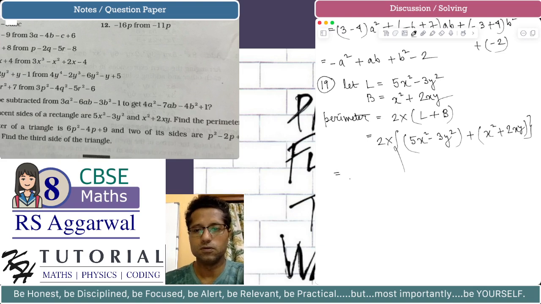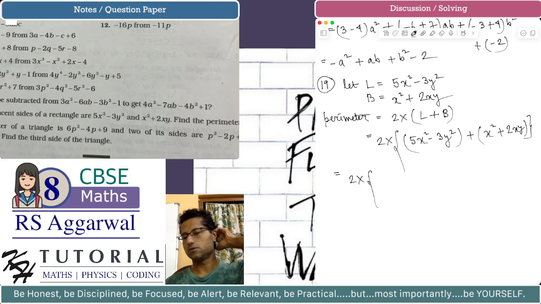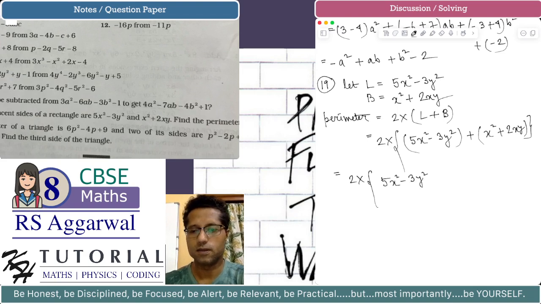We can open the brackets because these are an addition of two algebraic expressions, and we get 5x square minus 3y square plus x square plus 2xy.